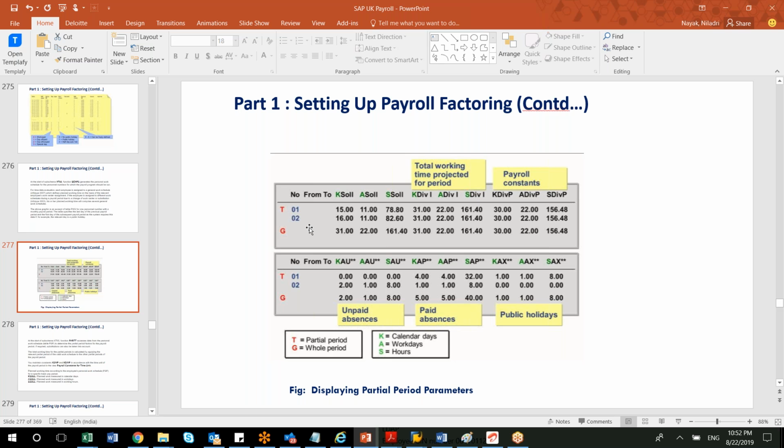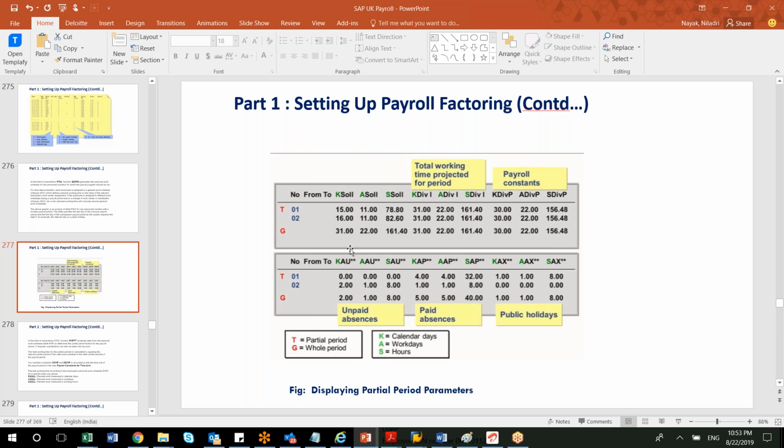Wherever you see a name starting with K, those are the calendar days. That is the difference between calendar days and work days. Suppose we're considering the month of August. The whole period, which is G, is 31 days, so 31 days in the month of August is our calendar days.